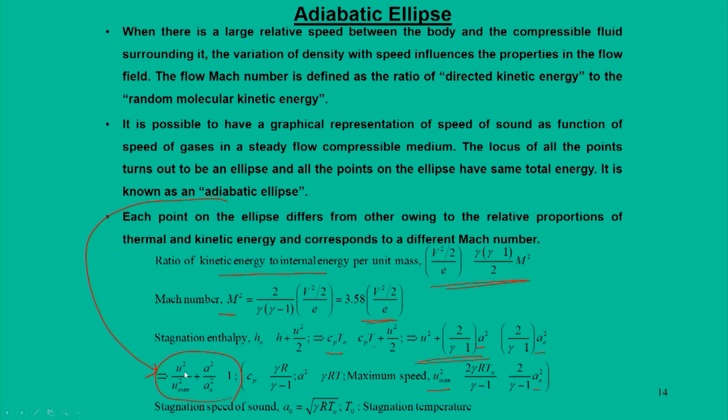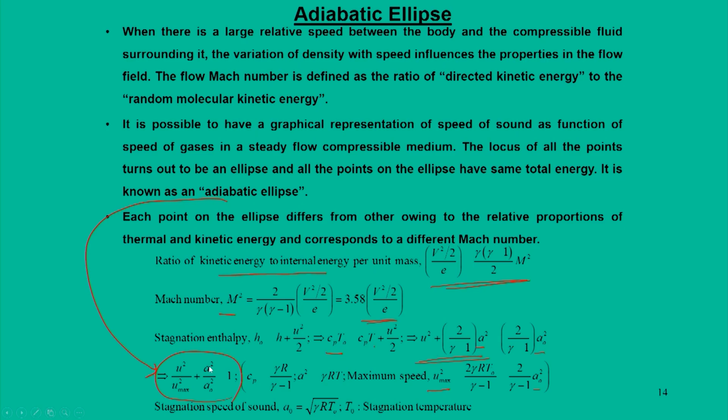So, the directed kinetic energy is expressed in u and its corresponding maximum value is u max; the random molecular kinetic energy is a, and its maximum value is a0 square. So, it becomes 1, and this is nothing but your equation of an ellipse.